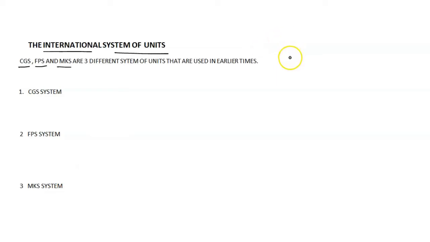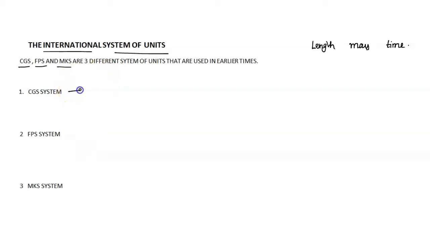If we consider 3 physical quantities, that is length, mass and time, in these 3 different systems of units, the units we consider for length, mass and time are different for different systems.